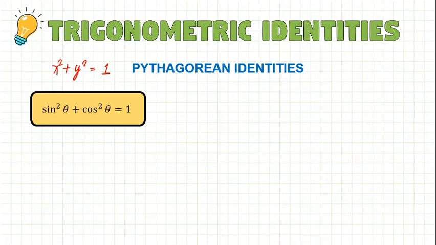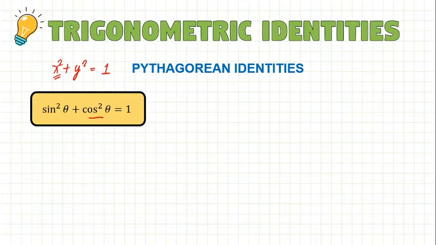And take note, x is just your cosine. So x will become cosine, so cosine theta squared, and that is just cosine squared theta. And y is just your sine theta, right? So therefore, sine theta squared. So we have sine squared theta plus cosine squared theta equal to 1. Okay? So therefore, we have this first Pythagorean identity.